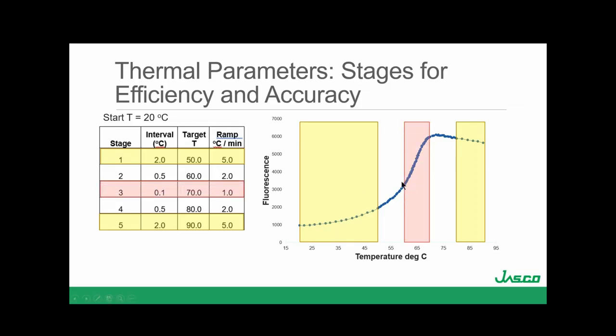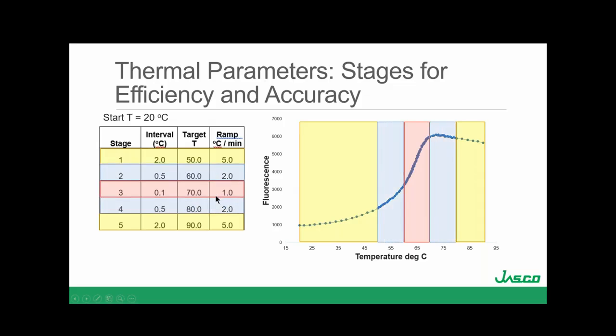However, there's the area of interest, where we have the greatest change, where I want a lot of data, great data density, I like to say, so that we can accurately define and calculate the Tm. So here we've dropped down to 0.1 degree steps and a slower ramp rate. You could go slower, but honestly, once you're going at 0.1 degree steps, you don't need to.